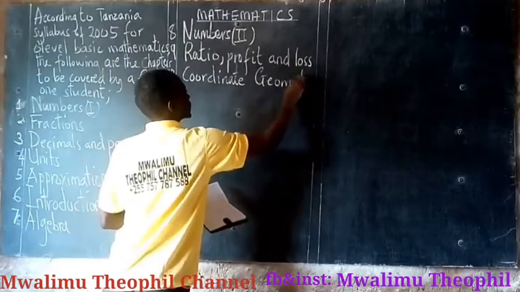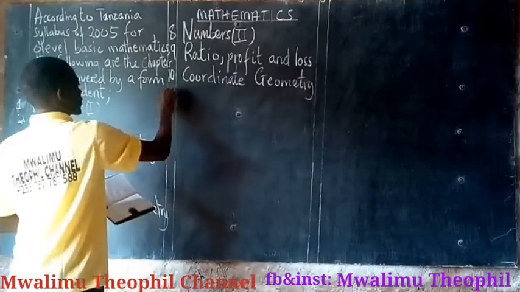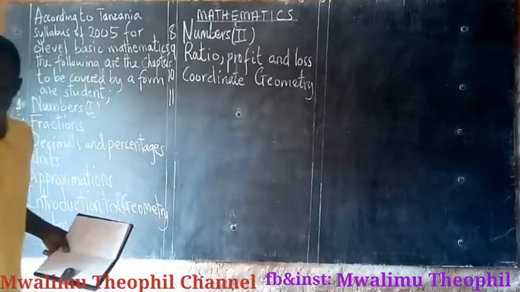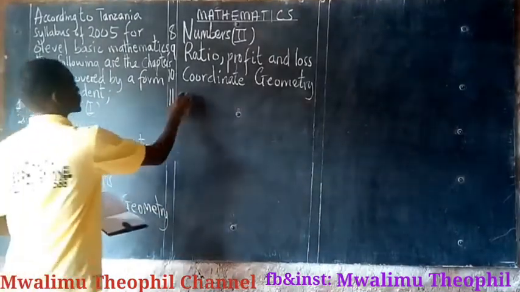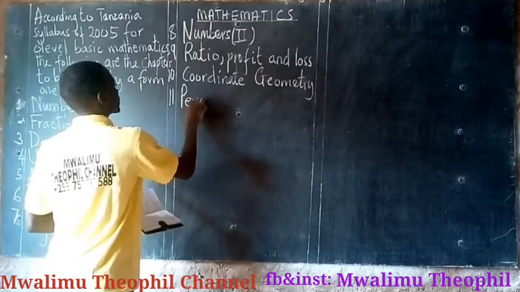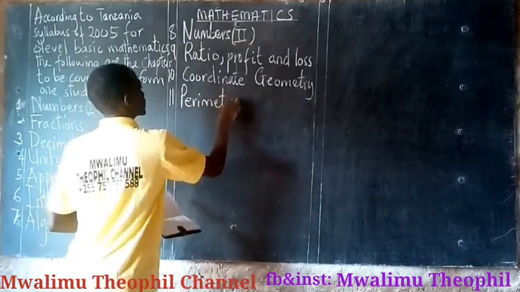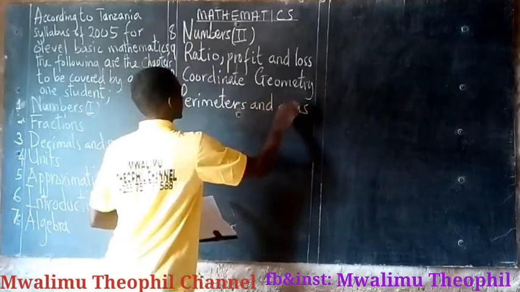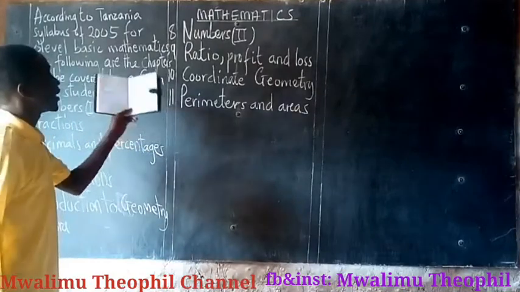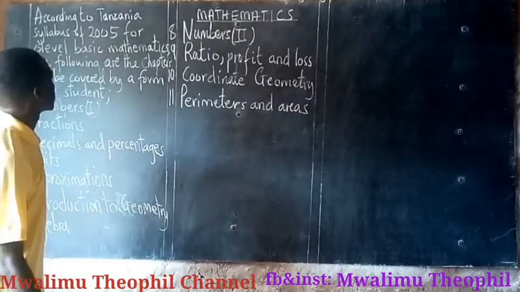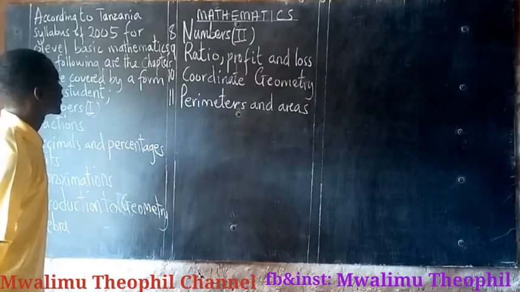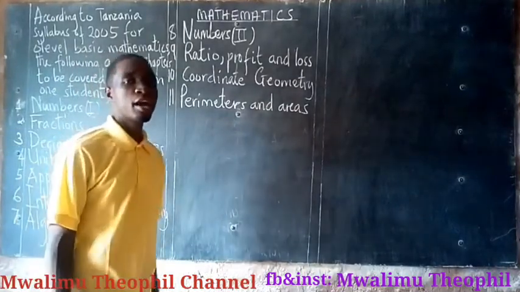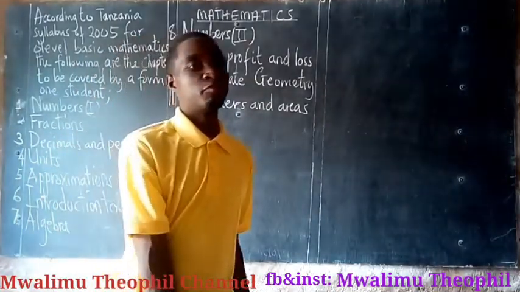Chapter 11 is perimeters and areas. And this is the last chapter according to the Tanzania syllabus for O-level basic mathematics of year 2005.